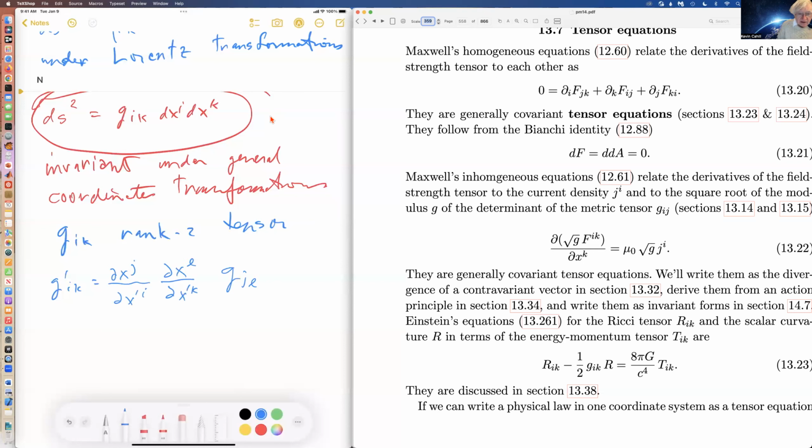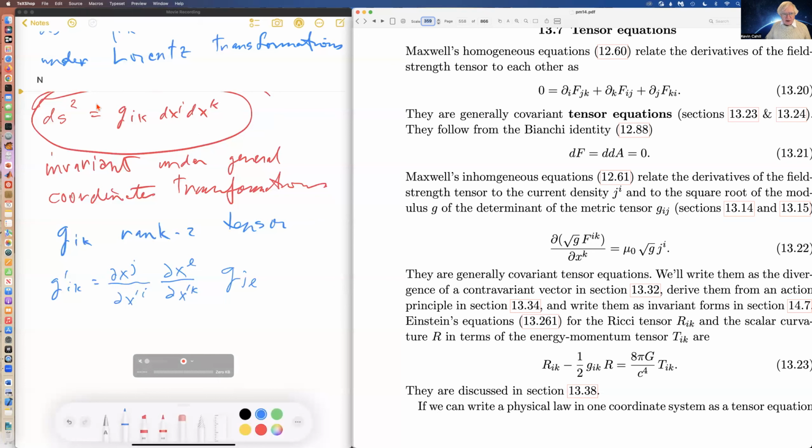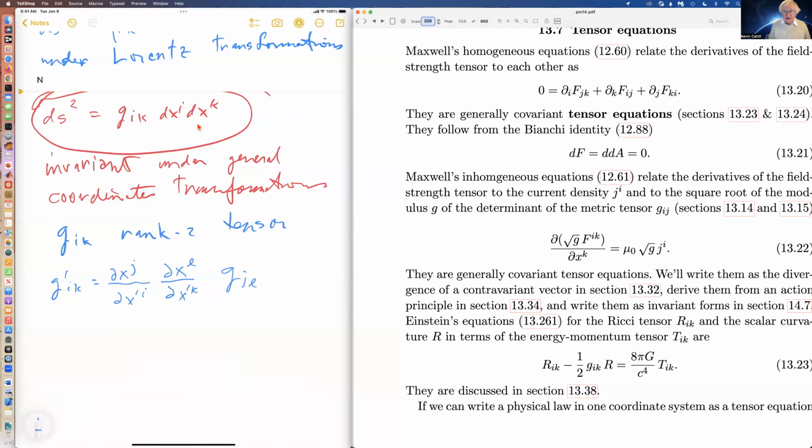This is the way the metric of space-time transforms, as a second-rank covariant tensor, so that when multiplied by a second-rank contravariant tensor, namely the product of a contravariant vector dx^i with a contravariant vector dx^k, we get something that's intrinsically invariant under general coordinate transformations.